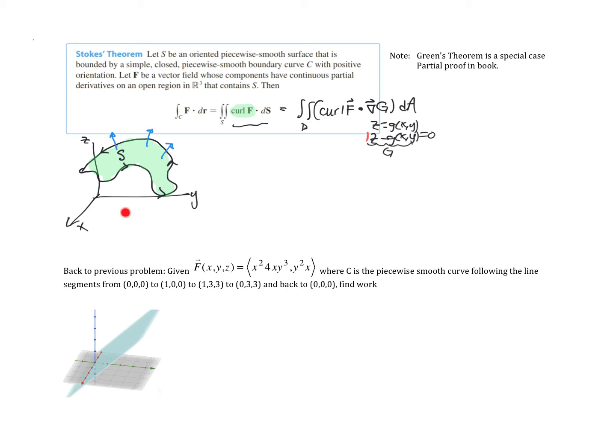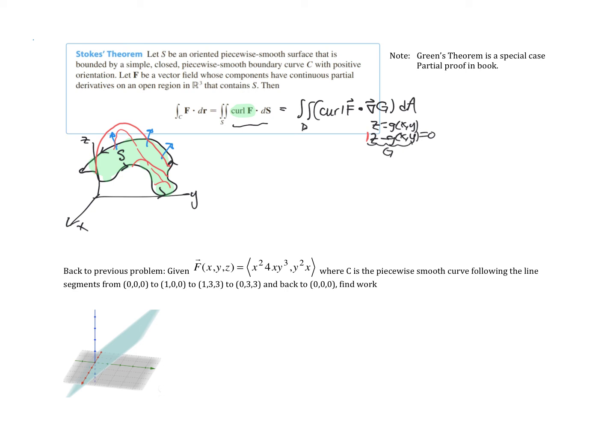But if I started blowing on it in either direction, suppose I started blowing on it that way, I would get some sort of surface that maybe was more rounded. You know, use your imagination there.